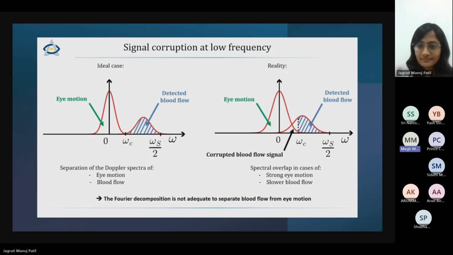I will go ahead. We learned about the Doppler shift in determining the direction of blood flow. In a day-to-day example, we took the example of a car with a siren coming towards us, and the difference we observe when the car is approaching us and when it goes past us.